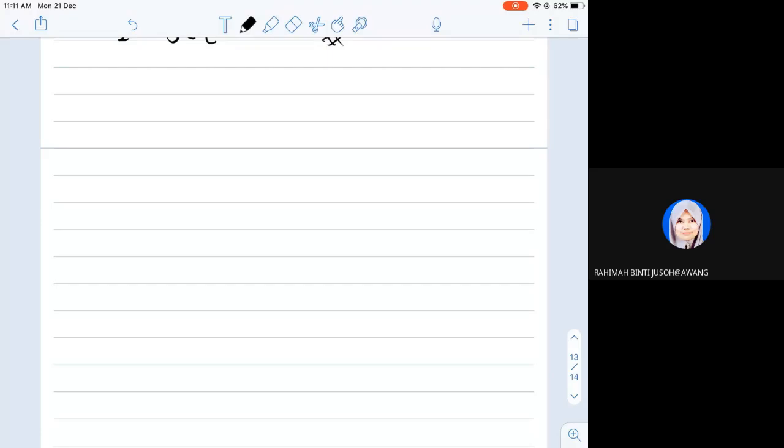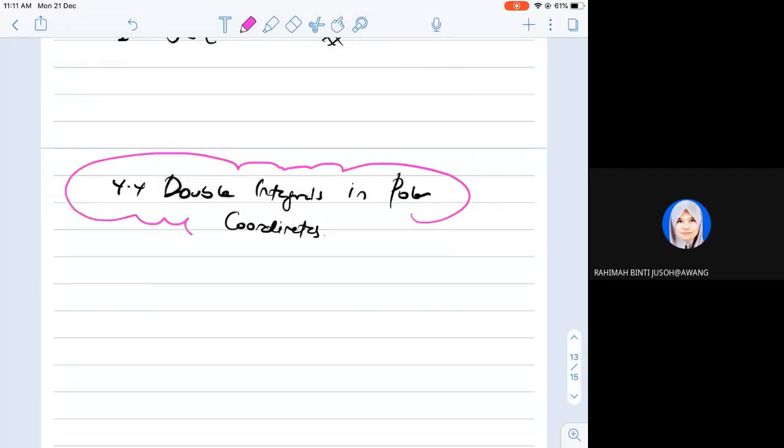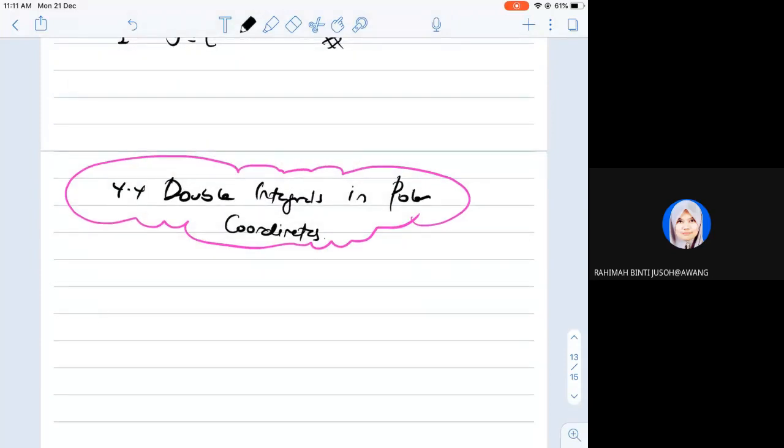So now we can proceed to 4.4, double integrals in polar coordinates. Before this we had double integrals over region R of f(x,y) dA, isn't it?